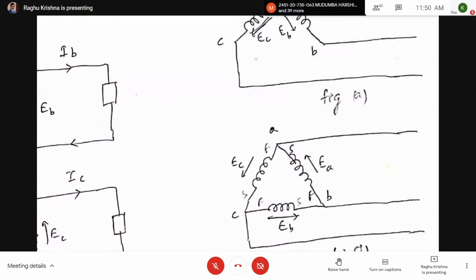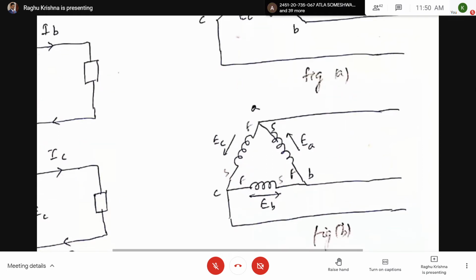The finish end of coil A is connected to the start end of coil B, the finish end of coil B is connected to the start end of coil C, and the finish end of coil C is connected to the start end of coil A. The wires are drawn from the junctions A, B, and C. It looks like the Greek letter delta, so this is called the delta connection.